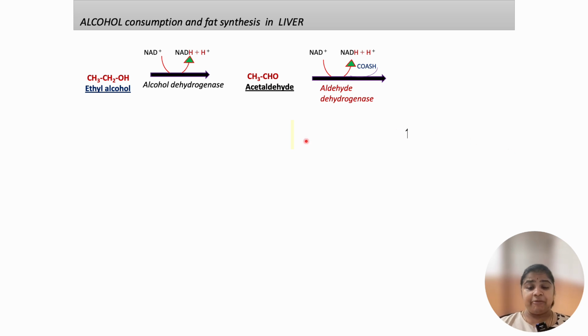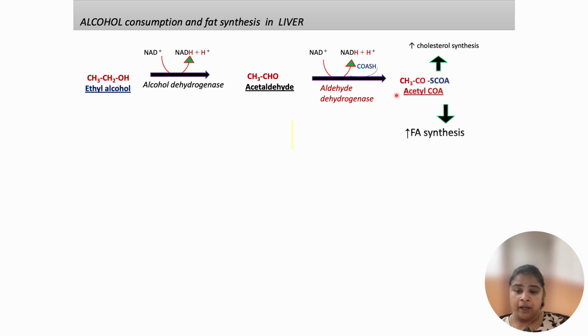In the next step we have aldehyde dehydrogenase, which will convert this acetaldehyde to acetyl-CoA or acetic acid. So, this acetyl-CoA that is formed can be channeled towards cholesterol synthesis or it can be channeled towards fatty acid synthesis.